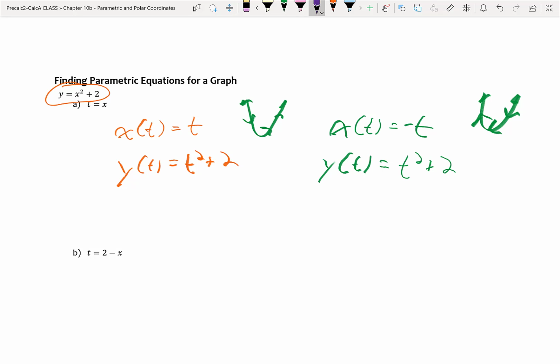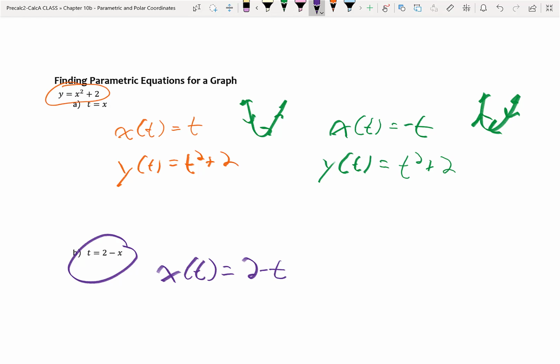Now, it's possible that it could actually give you what the parameter is. It says t is equal to 2 minus x. In which case, that actually defines x of t is equal to what? 2 minus t. Be careful when giving me your parametric equations that you don't give me t equals. You need to give me x and y equals.